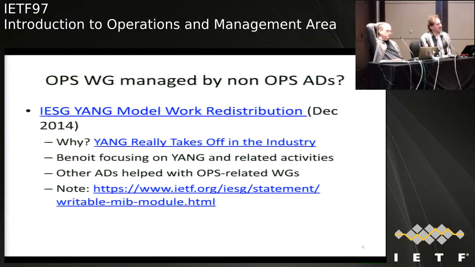At some point in the past, there was a thinking that every single working group should have a way to configure its technologies with MIB modules. In practice, writable MIB modules are not implemented. They are difficult to implement. It costs a lot. And the new way to do that is with NETCONF, RESTCONF, and YANG.